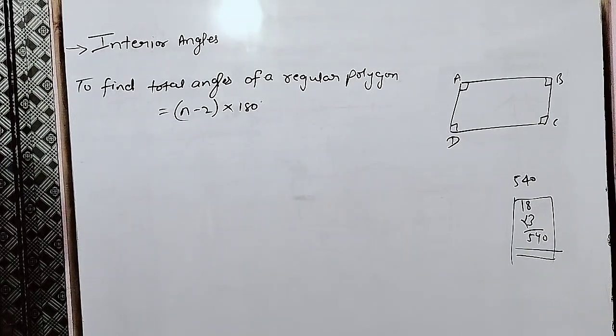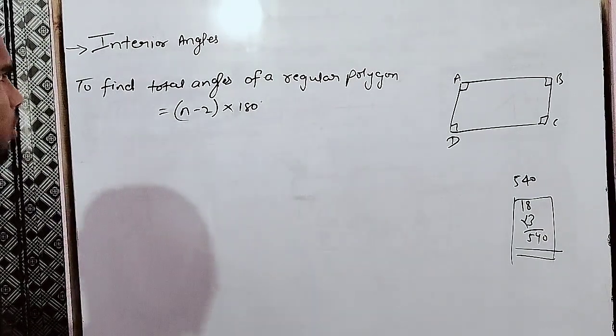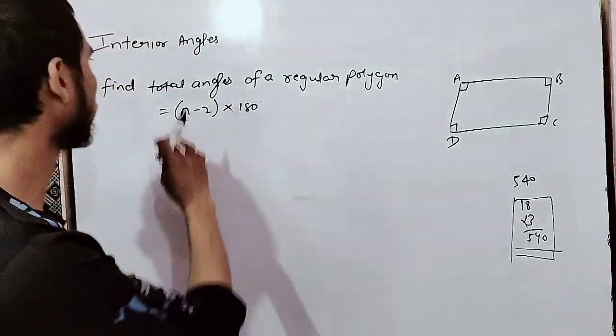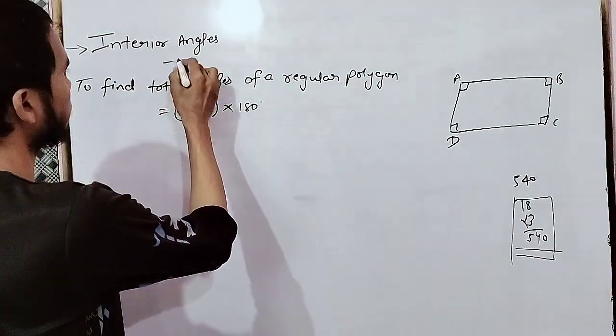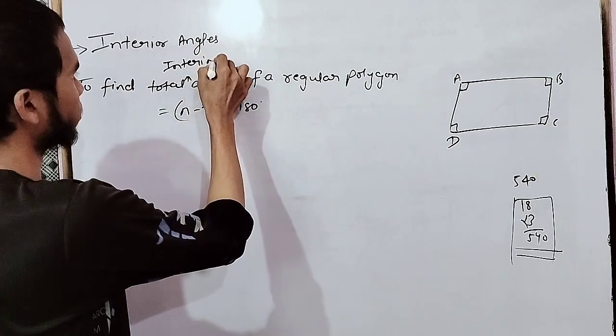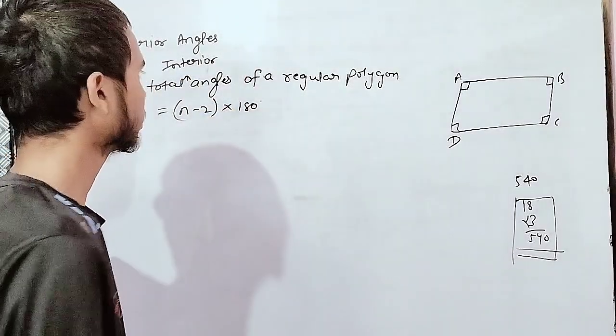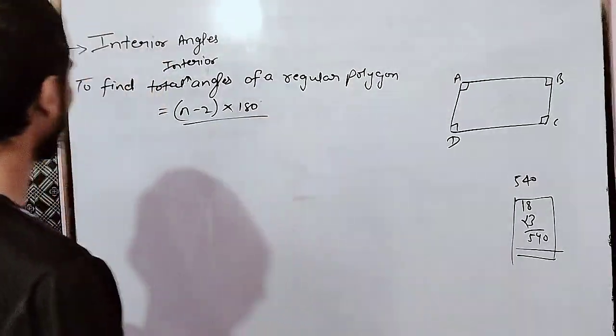Now, to find the total interior angles of a regular polygon, this is the formula.